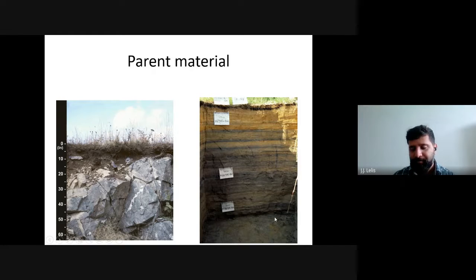This second picture is just to remember that we have very thick soils formed by sediments, and they can be alluvium or colluvium sediments. We can find a lot of thick soils in marine terraces and riverbeds and other kinds of materials that formed soil from sediments, okay?